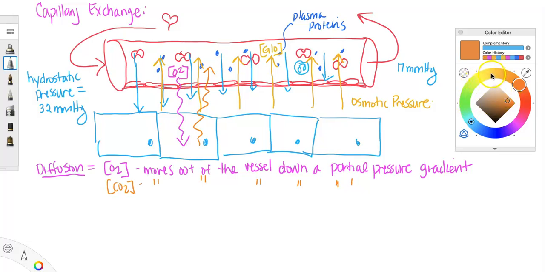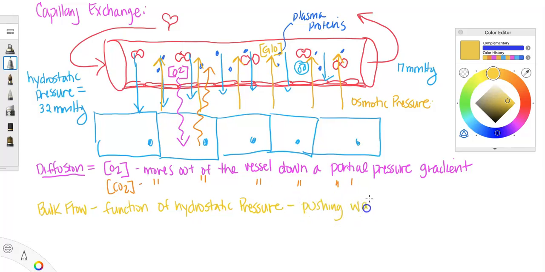Another way that movement occurs is through bulk flow. So this is a function of hydrostatic pressure. It's pushing water out.